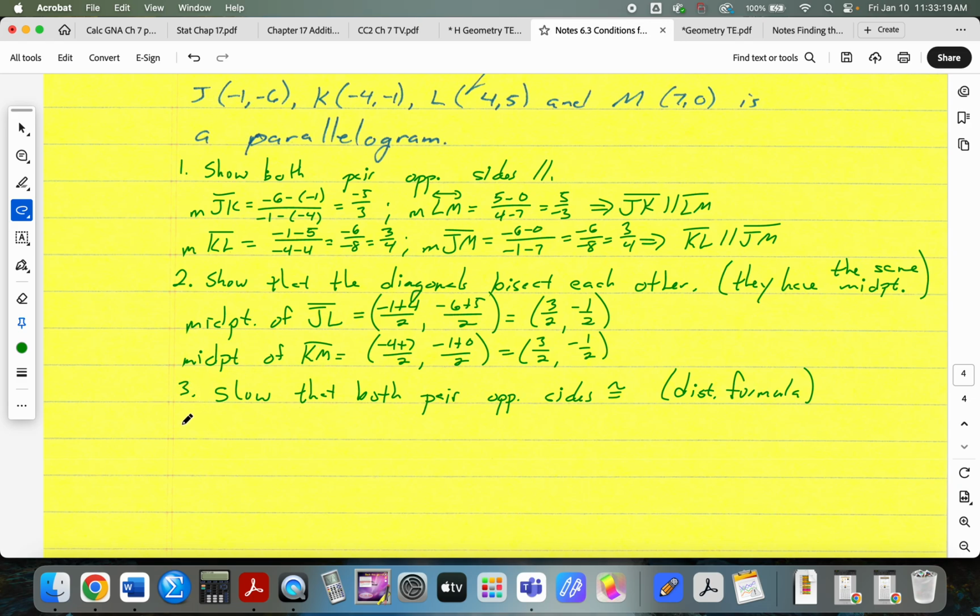So let's see. The length of JK is going to be the square root of negative 1 minus negative 4 quantity squared plus negative 6 minus negative 1 quantity squared.